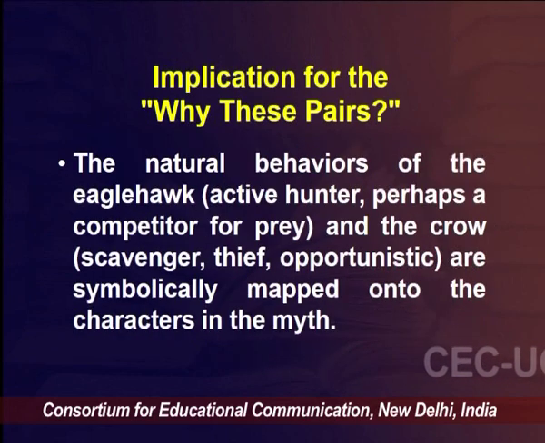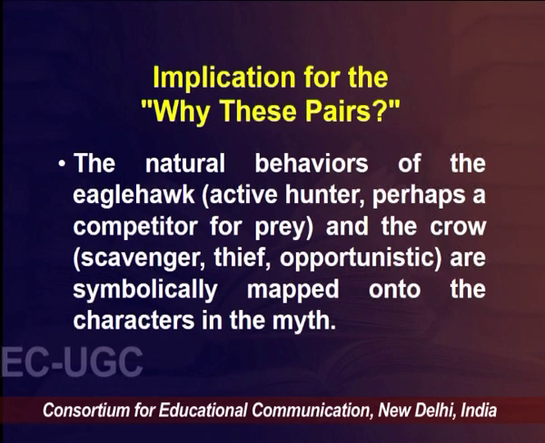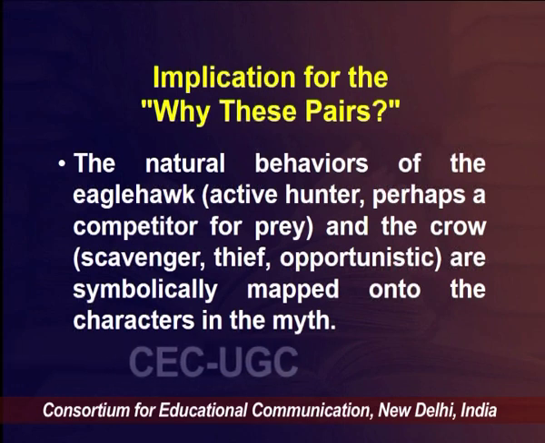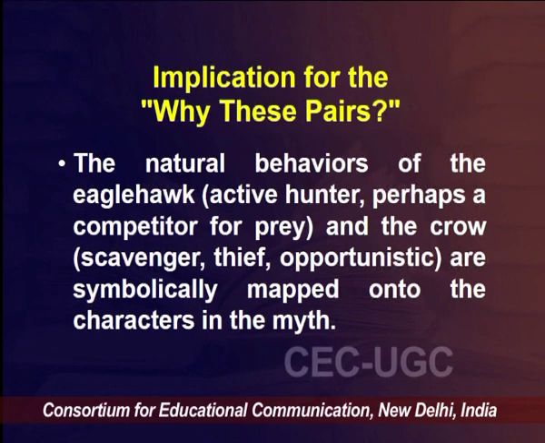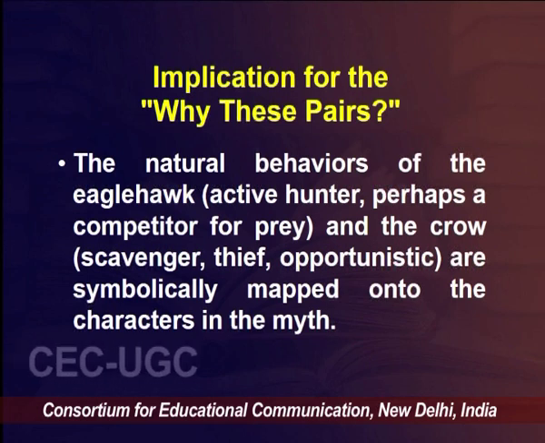The natural behavior of the eagle hawk, an active hunter, perhaps a competitor for prey, and the crow, who is a scavenger, thief, opportunistic, are symbolically mapped onto the characters in the myth. So, through these pairs of birds, he is actually referring to two sets of values that are the core of opposition between two groups.